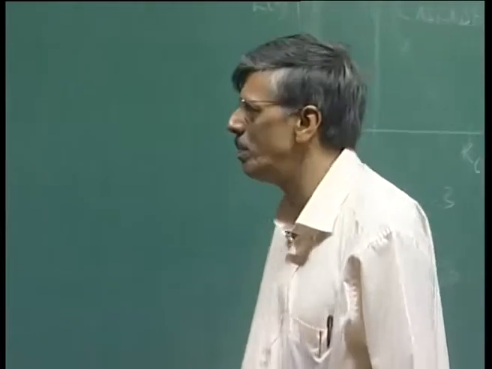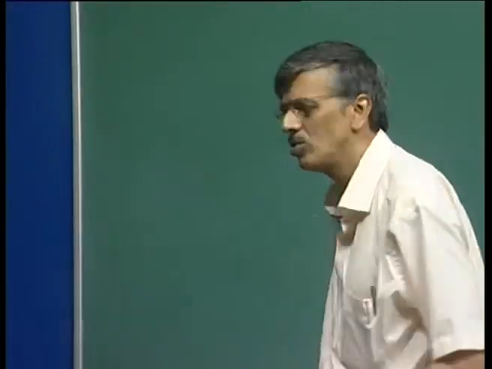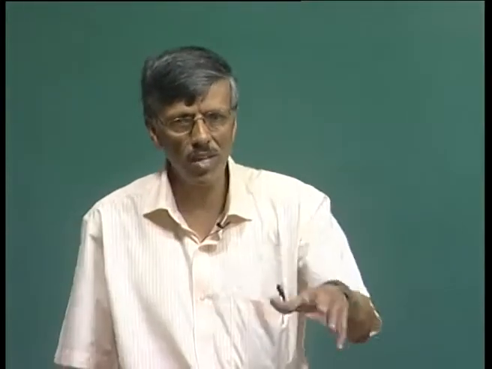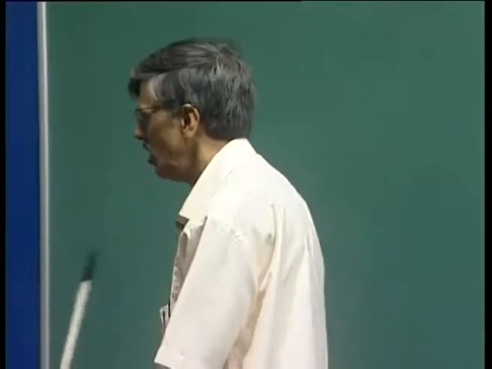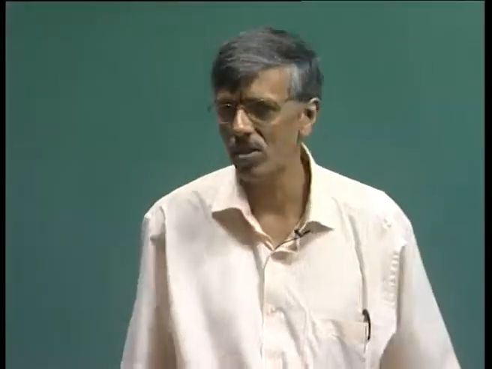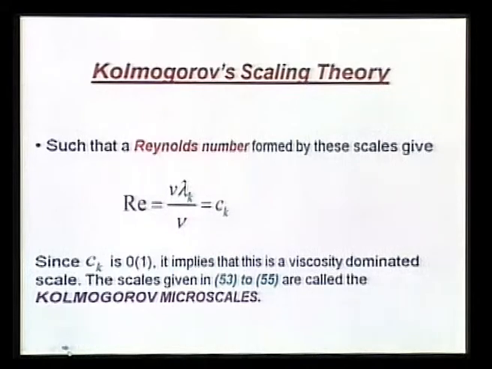So, if Reynolds number is 1, this is the scale at which the viscous terms are as important as the nonlinear term, right. These scales, where the viscous effects are as dominant, are what are called the Kolmogorov microscales.